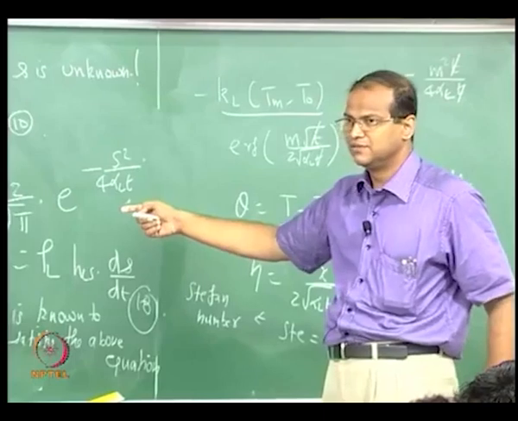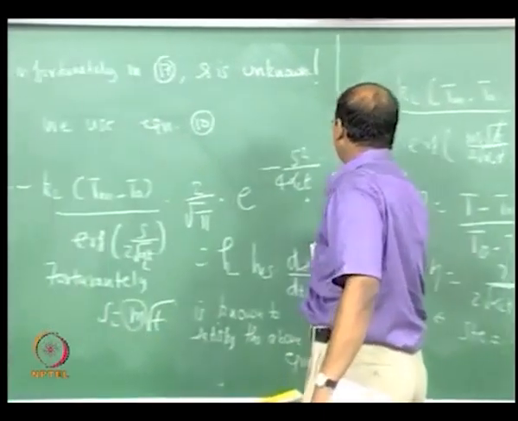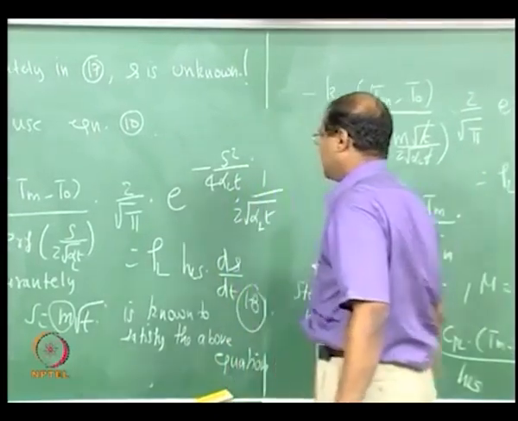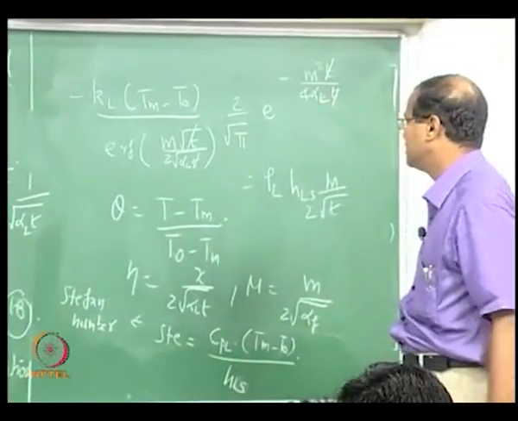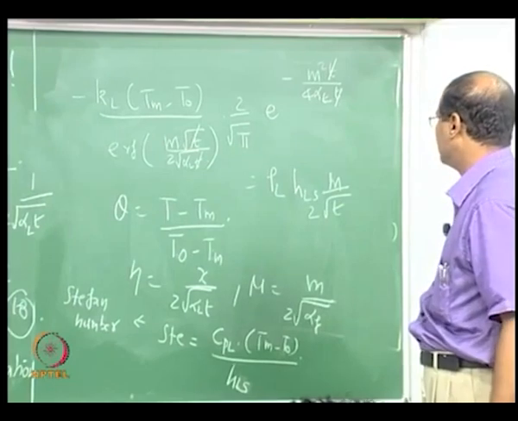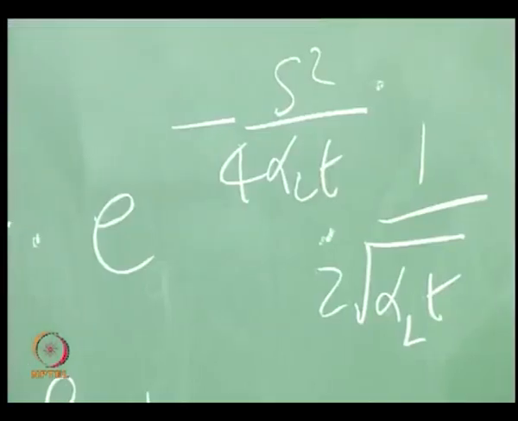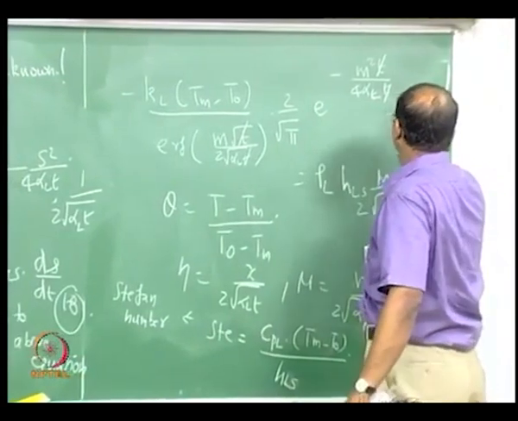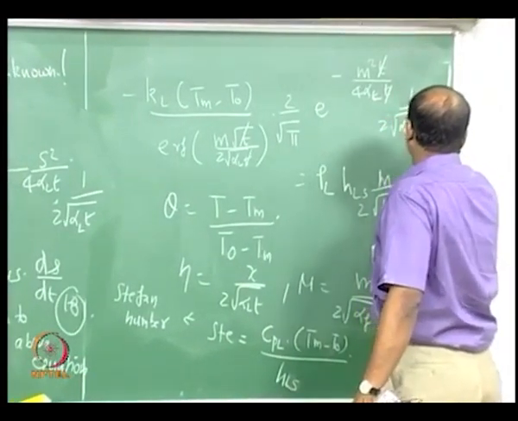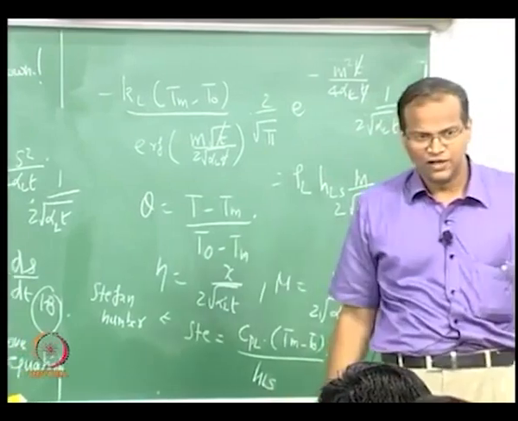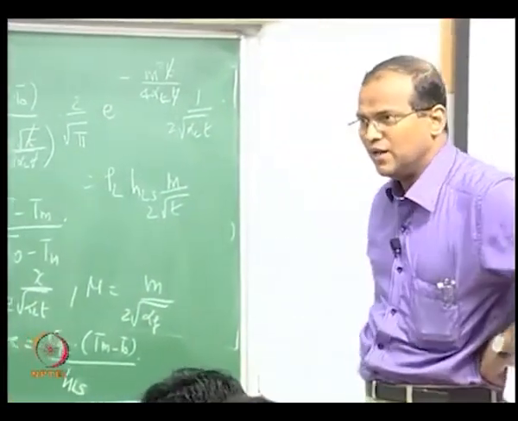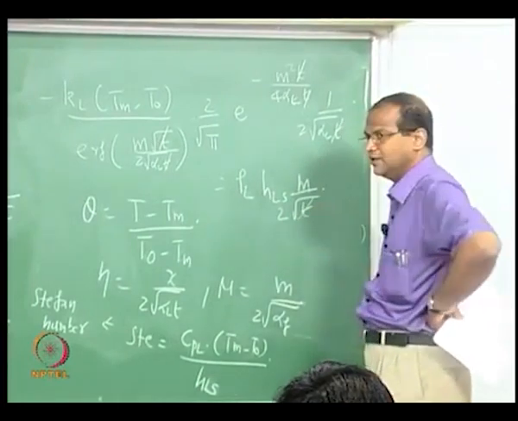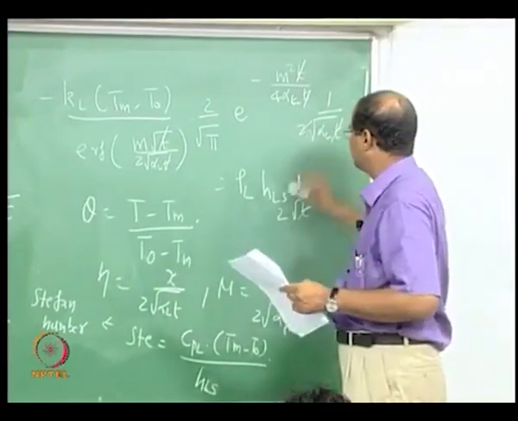With respect to x, now the 1 by root t gets ditched somewhere. Yes, on the left hand side 1 by root t, on the right hand side 1 by root t, and the 2 also gets cancelled.